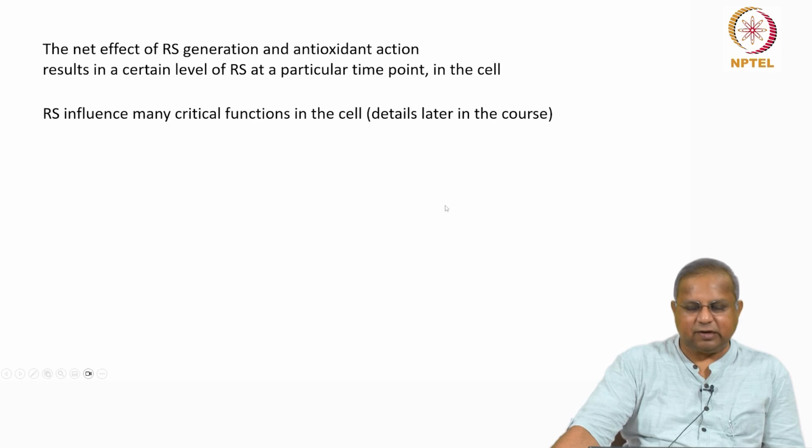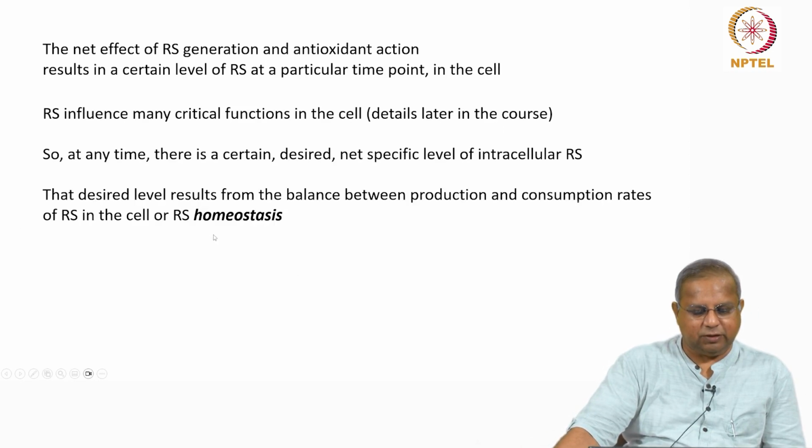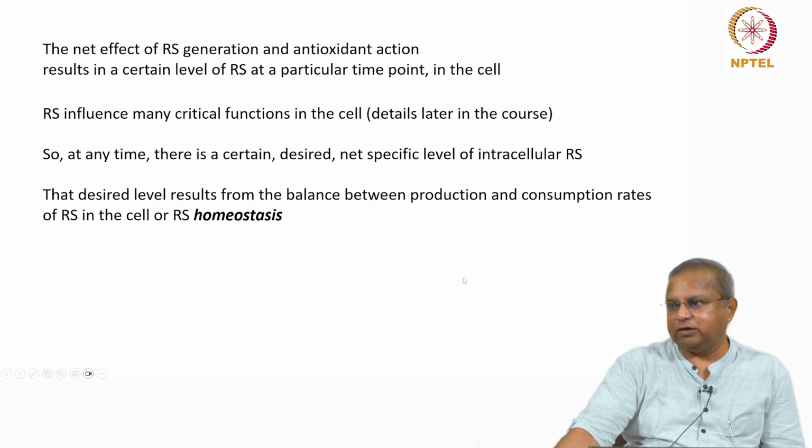Then we started looking at some important aspects that we need to keep in mind, which are normally ignored. We talked about RS homeostasis, which is necessary for the proper functioning of the cell, a balance between production and consumption rates. That's essentially what leads to homeostasis.